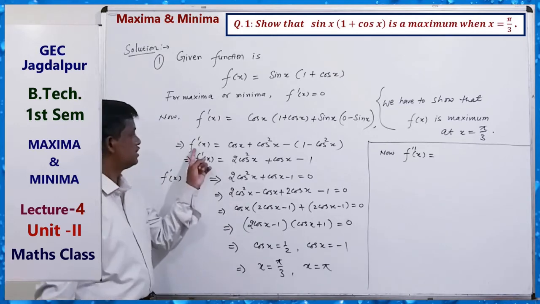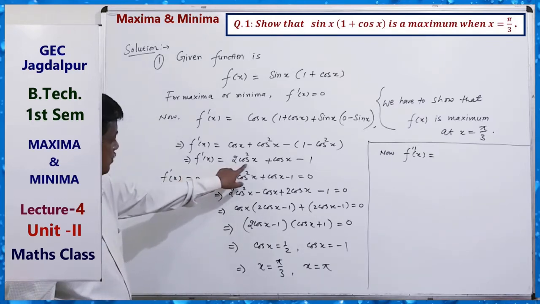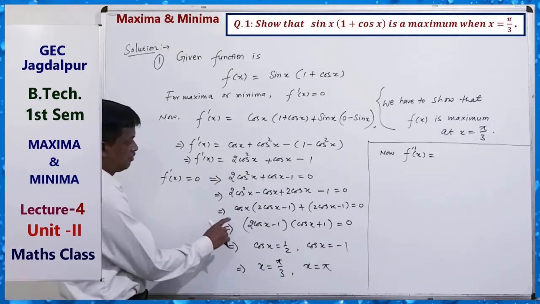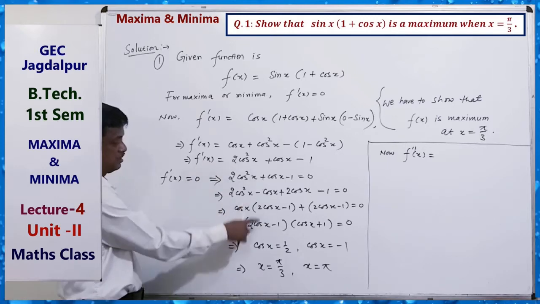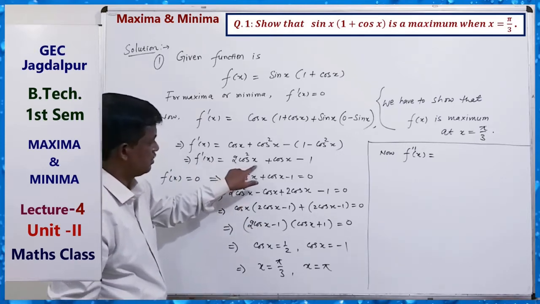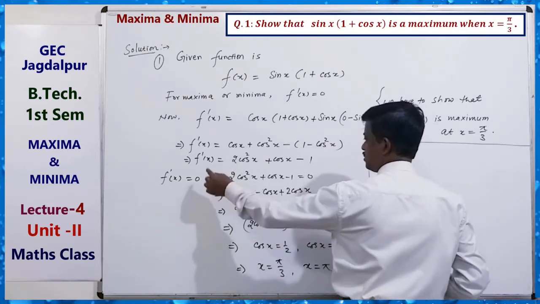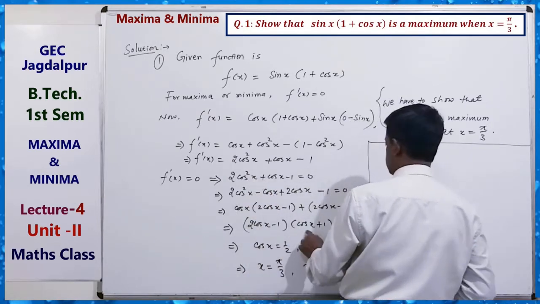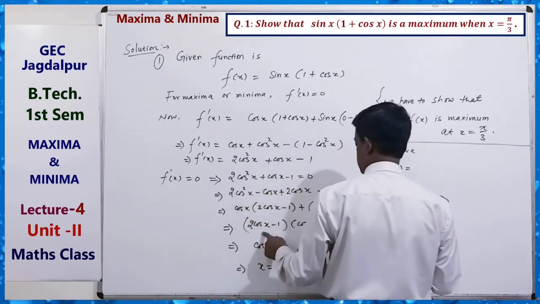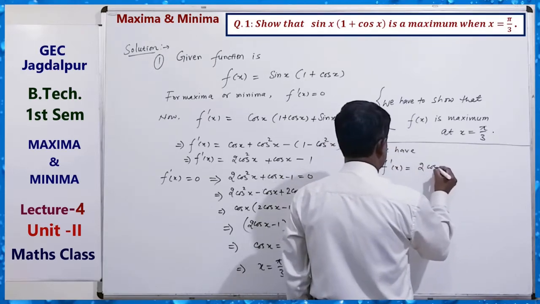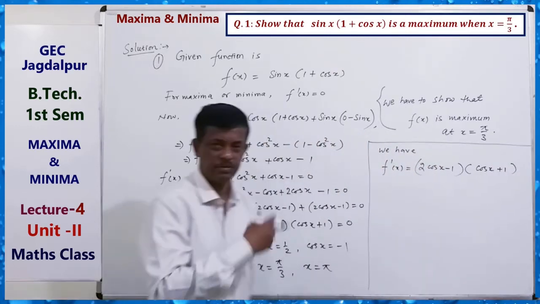First, f dash x equals this, and it is factorized like this, so we can write f dash x equals 2 cos x minus 1 into cos x plus 1. Getting the second derivative, we can solve it also from here.